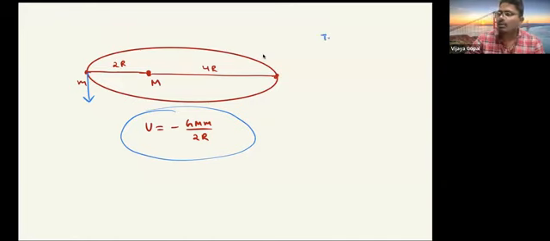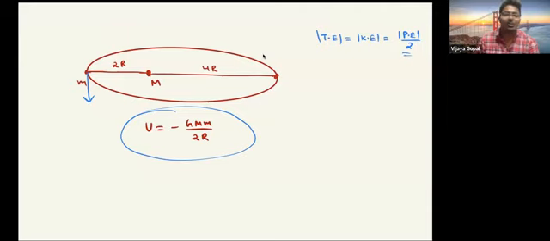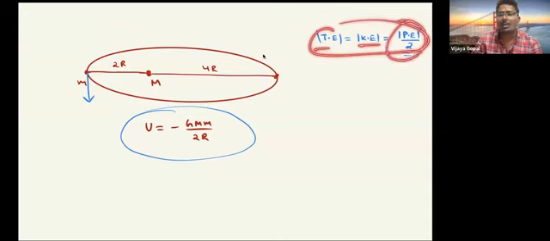Magnitude wise, kinetic energy is half of potential energy. The same applies in gravitation or electrostatics, wherever something is in orbit. So remember this relation.